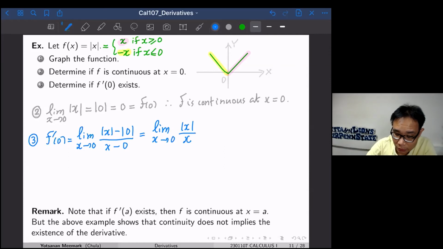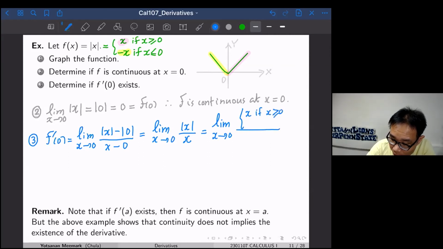And this guy, you see that it's going to turn out to be a piecewise function, because for absolute value of x, you have x if x is positive, and negative x if x is negative. And actually, x cannot be 0, because you have x on the bottom as well.